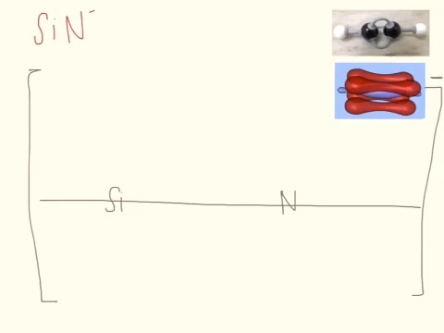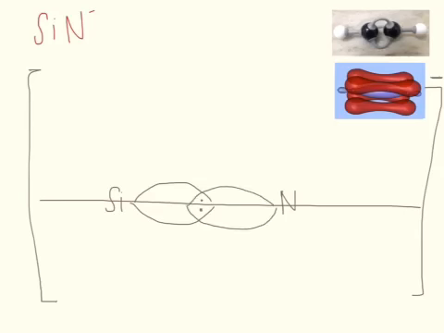Now we're going to draw in our orbitals and our bonds. First we have an sp orbital, going like this, one from the silicon and then another one coming from the nitrogen.